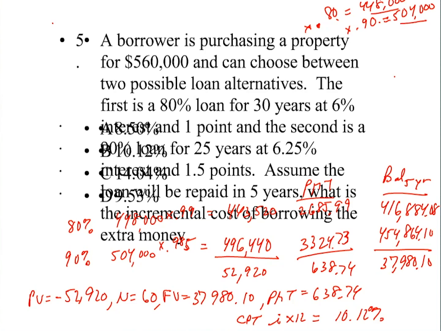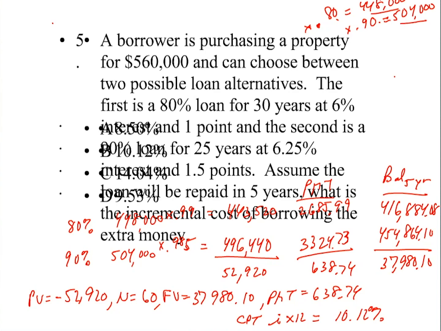Although one of the loans is 30 years and one of the loans is 25 years, since we are only assuming to keep it for 5 years, that part really isn't an issue at this point. It is an issue when we calculate the payment, though. So we look down below at the bottom.